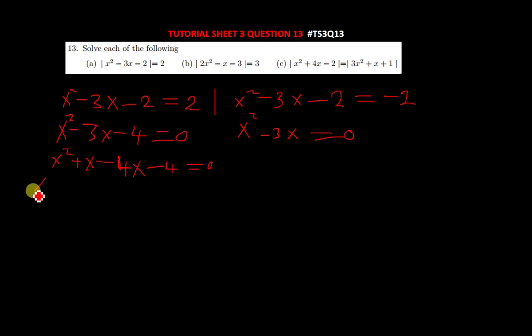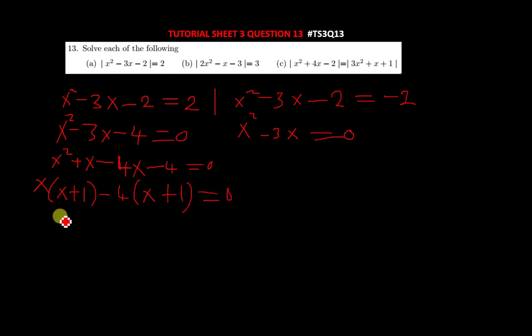Then we factorize now. So we're going to have x plus 1 there, and then we say -4 is common there. Then you have x plus 1 again there, which is equal to 0.